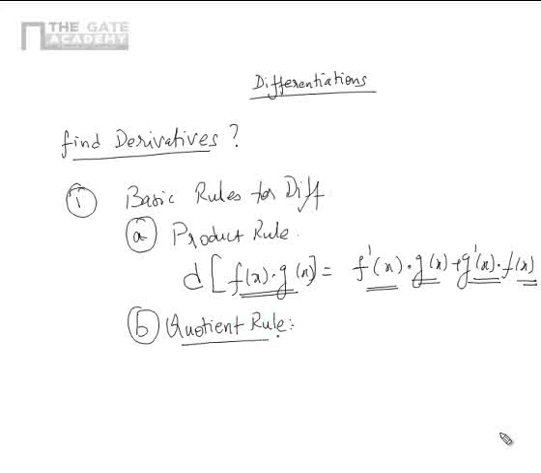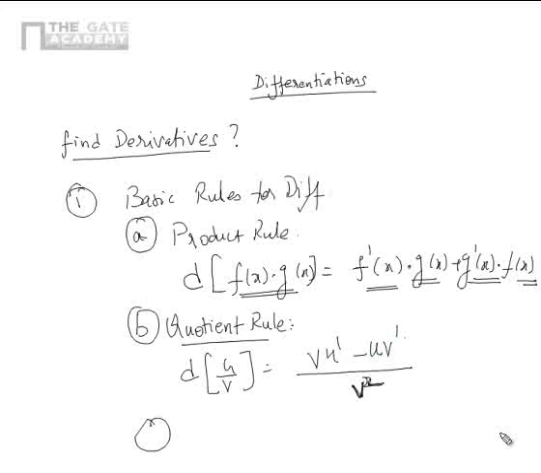What does this quotient rule mean? That is, the differential of u by v is nothing but, if I have a u by v form, I will get the denominator function squared, into v u dash minus u v dash. These are very important basic rules.